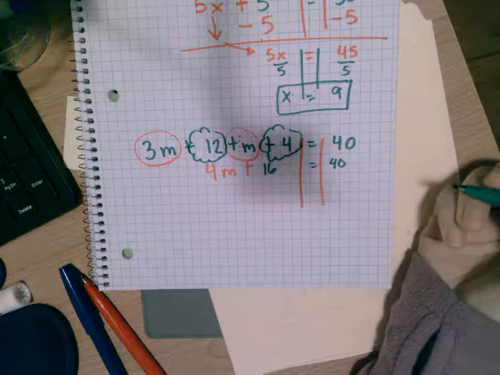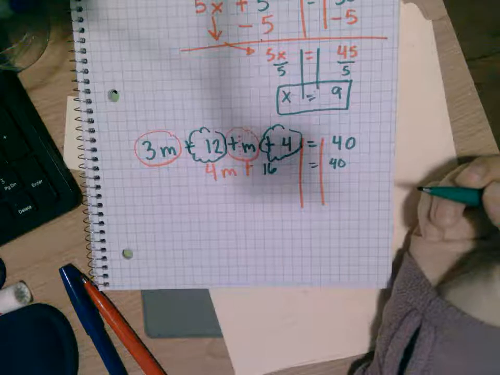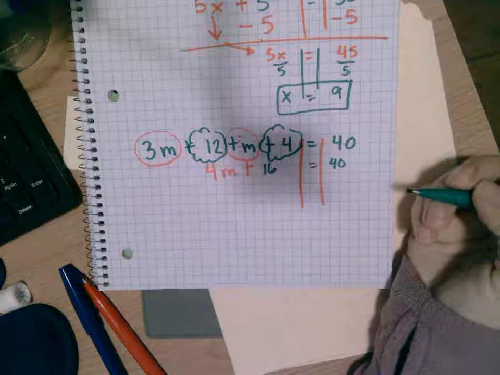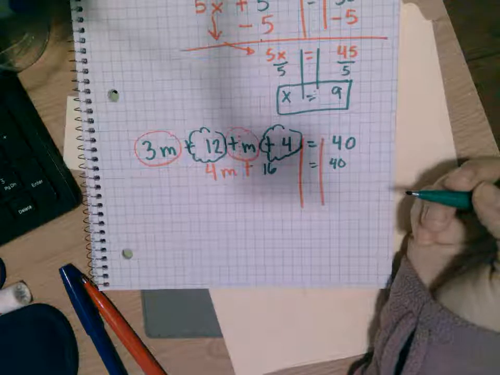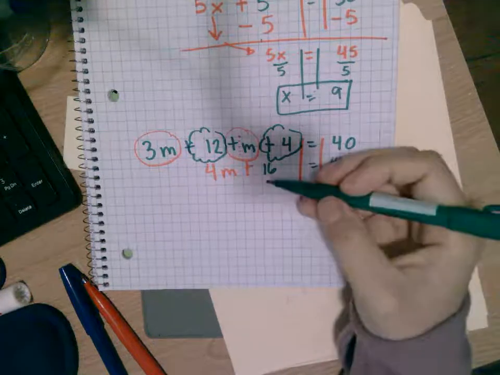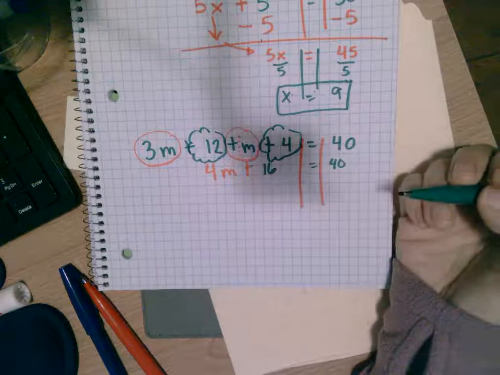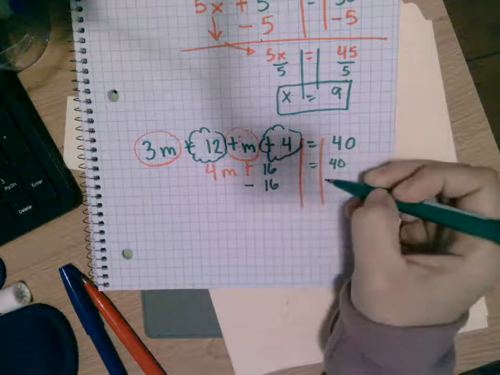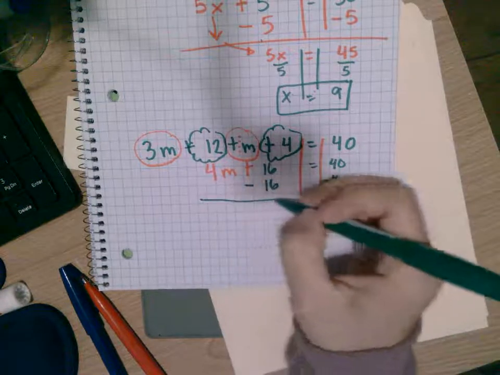Now from there you solve it and you realize, do I move the 4 or do I move the 16? Remember, we have to move the number that's furthest away from your variable. The number furthest away on the same side would be 16. So if it says plus 16, you're going to minus 16.